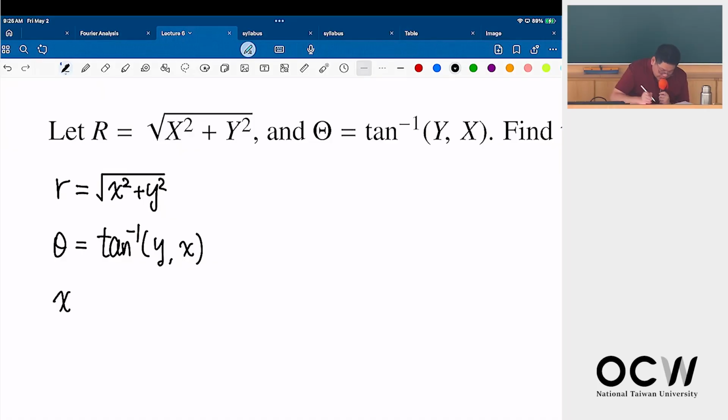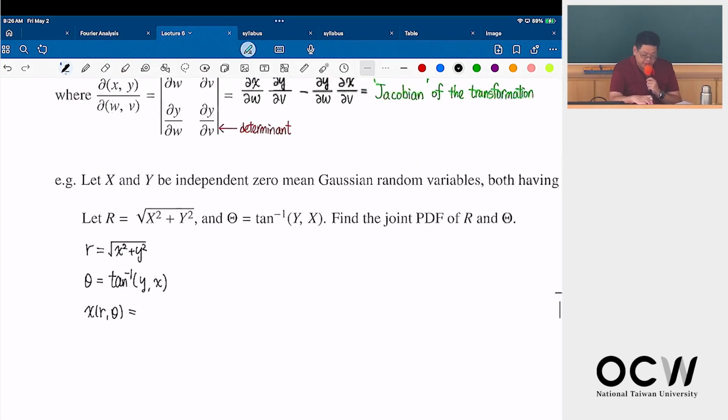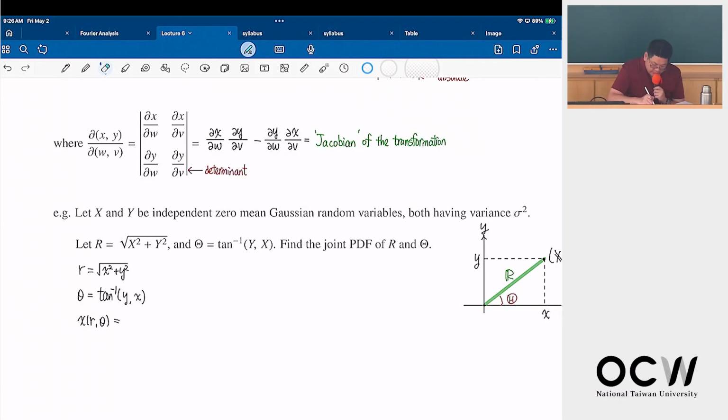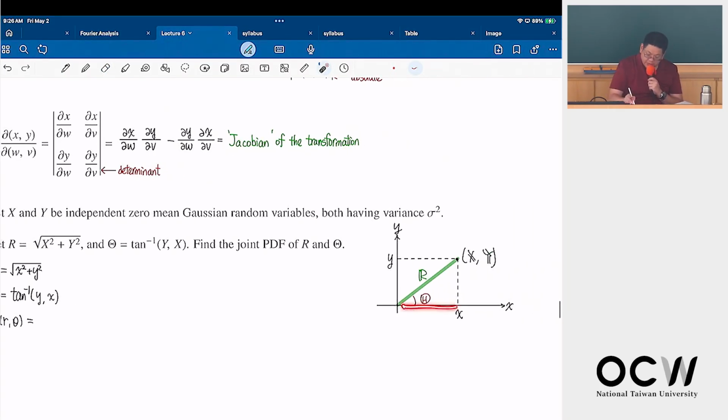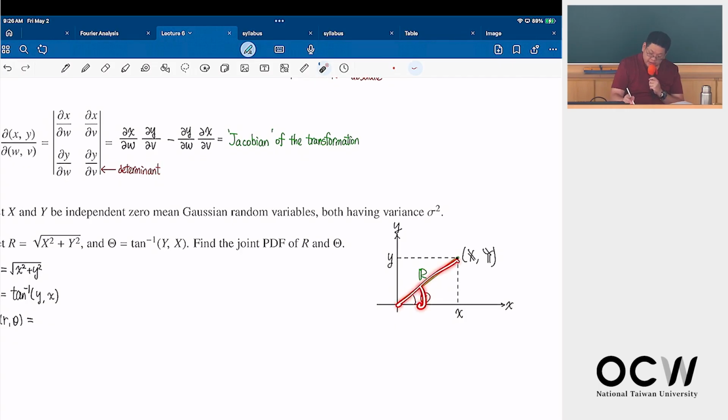And x is a function of r and theta. How do I express x? So x will be your r cosine theta, and y will be r sine theta.